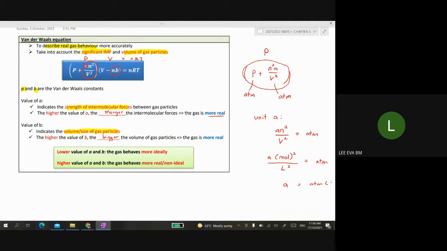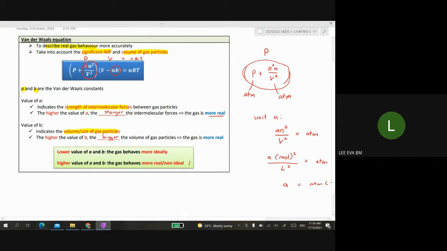Okay, so a summary over here: lower value of A and B indicates that the gas behaves more ideally. Lower the better, lower the more ideal. And the higher the value of A and B, it means that the gas is behaving more real or more non-ideal, less ideal.